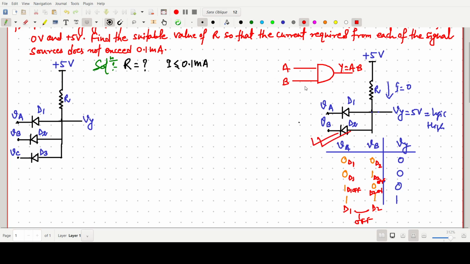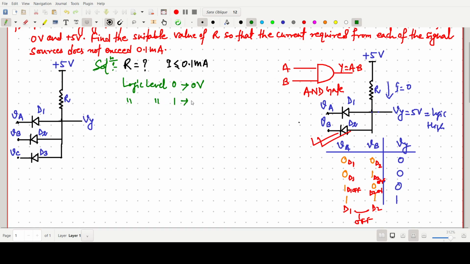The working is very simple. When both are at logic level 0, that means 0 volt. Logic level 1 means we are giving a 5 volt input here.